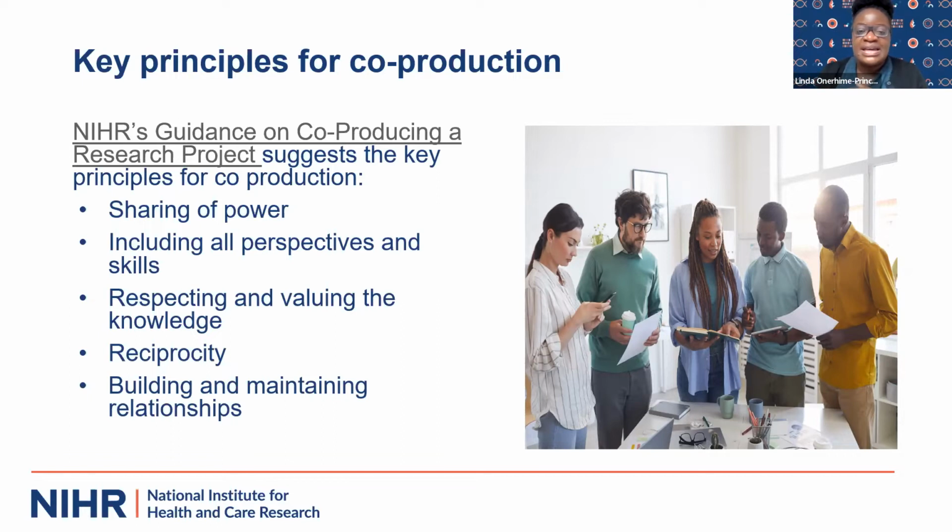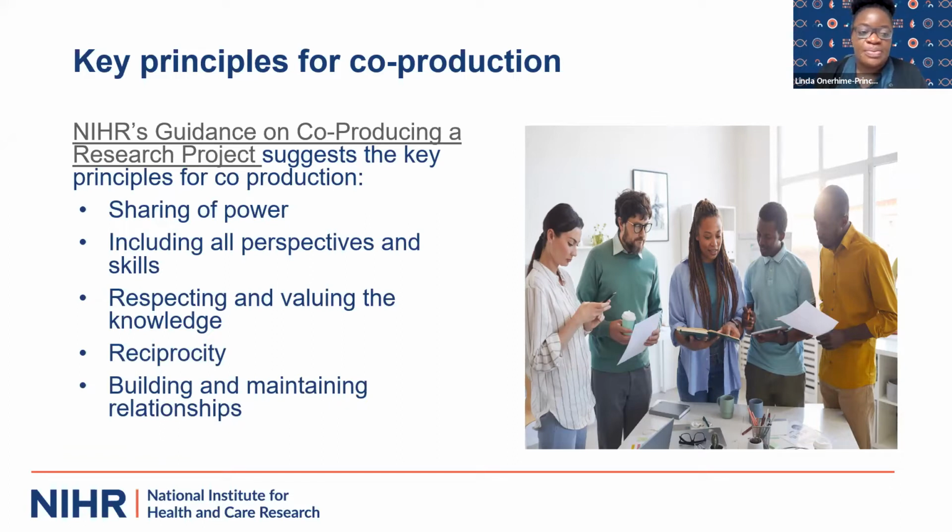The second aspect, including all perspectives and skills, this is very important. So making sure the research team includes all those who can make a contribution and embraces diversity, definitely. Again, adhering to equality, diversity, and inclusion, you embrace different perspectives, and you make sure that they all feel very much empowered and heard when they're involved in co-producing research.